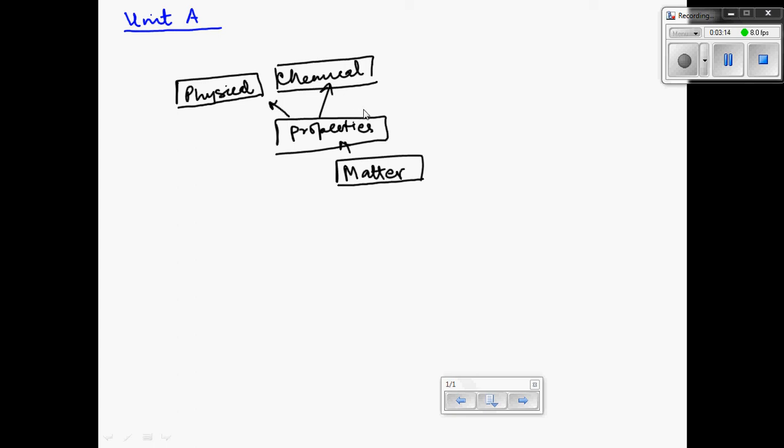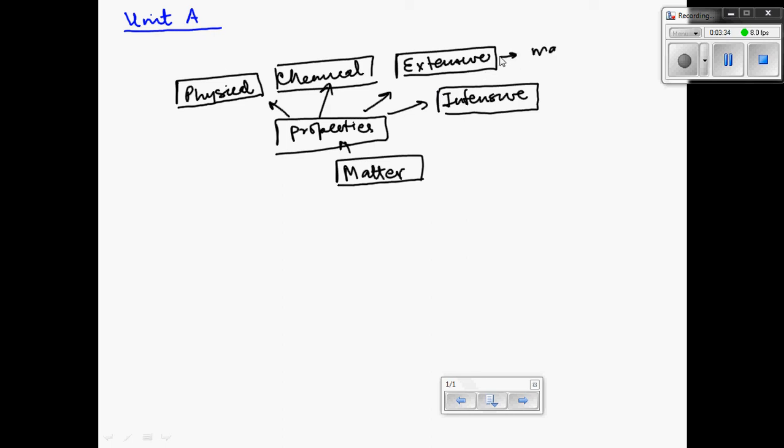And then we also studied extensive and intensive properties. Extensive properties depend upon the amount of matter, while intensive properties do not depend upon the amount of matter. So extensive properties are mass, volume.